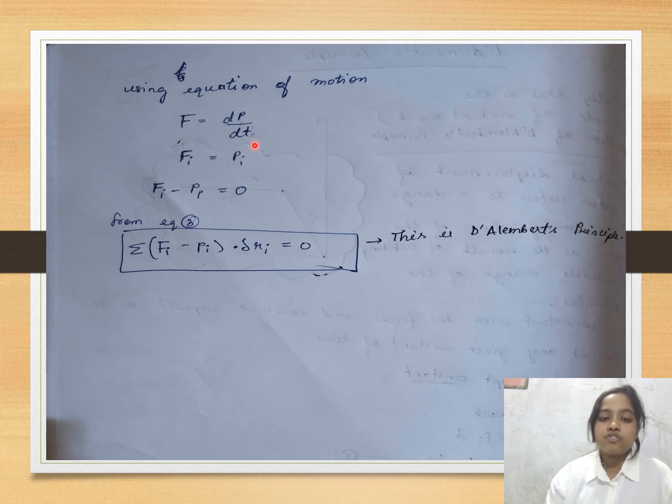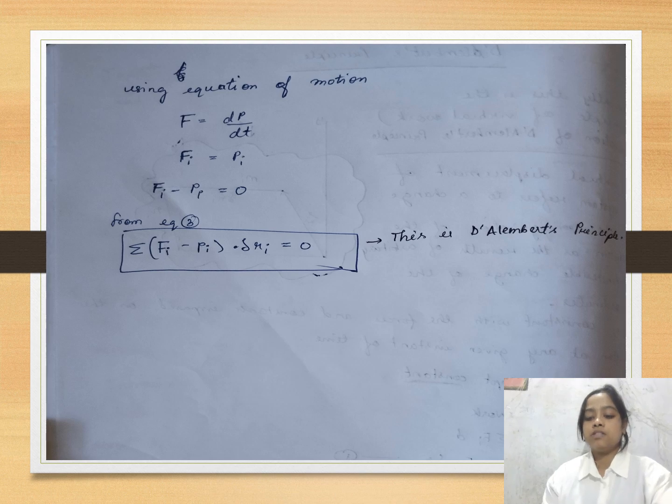By differentiation, we can say Fi equals pi dot. Now, taking pi dot to this side, we can say Fi minus pi dot equals 0. Now, from the earlier equation 3, when we consider the summation of (Fi minus pi dot) del ri equal to 0, this is D'Alembert's principle.